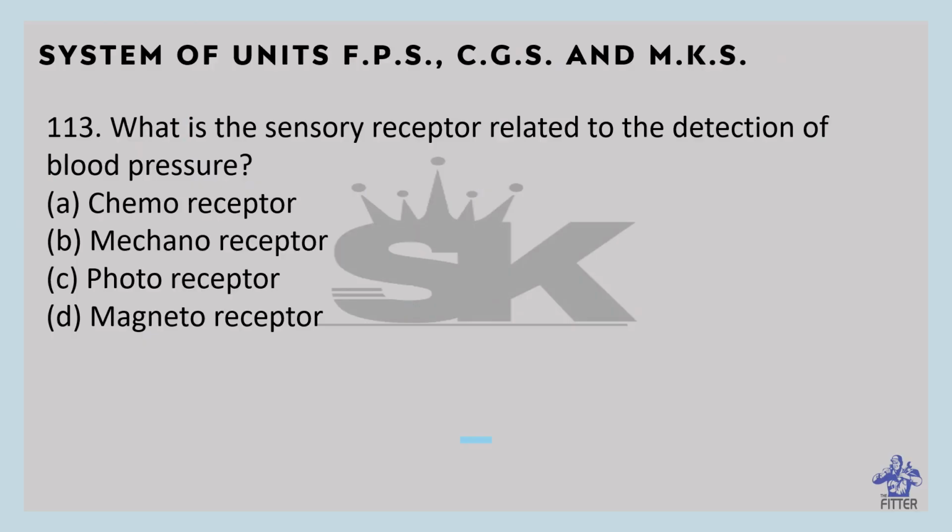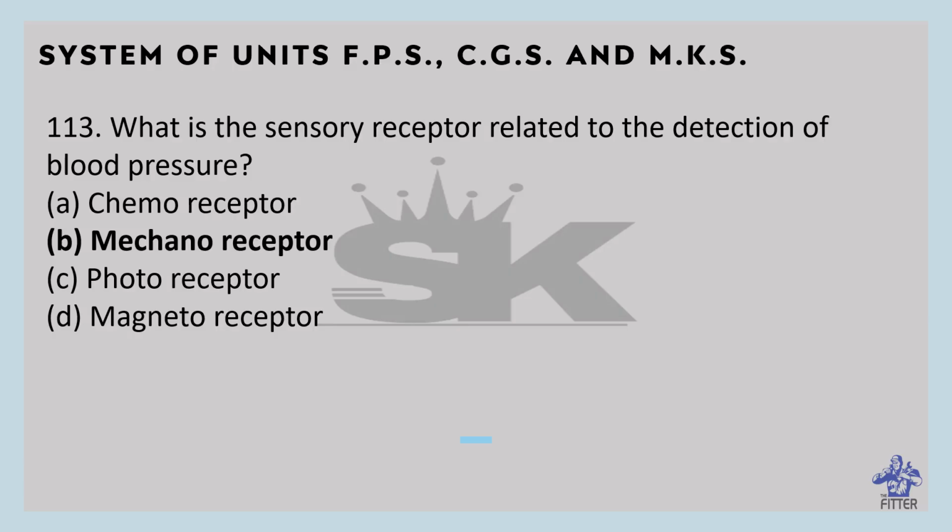What is the sensory receptor related to the detection of blood pressure? That is mechanoreceptor. Mechanoreceptor is an important receptor related to the somatosensory system. It is related to the detection of blood pressure.